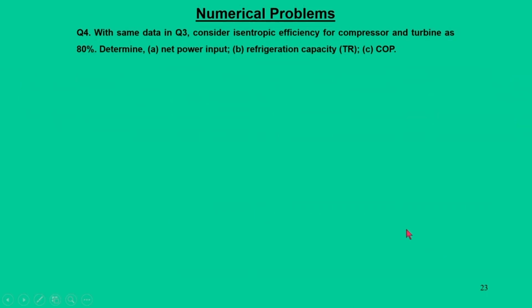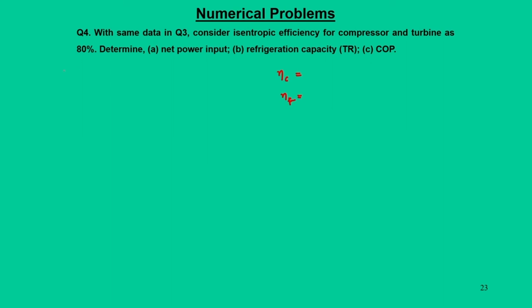Okay. Now, we will move to the last problem. This is in connection with the data from question 3, but here we have introduced the term isentropic efficiency. So, when you are introducing isentropic efficiency, then we have to recall our data based on the expression of isentropic efficiency, that is isentropic efficiency of compressor and isentropic efficiency of turbine.